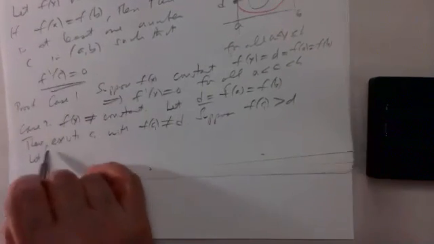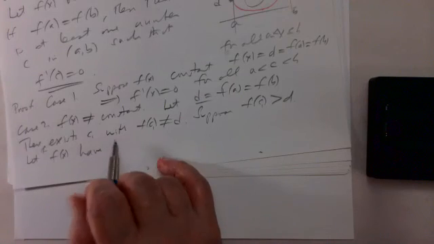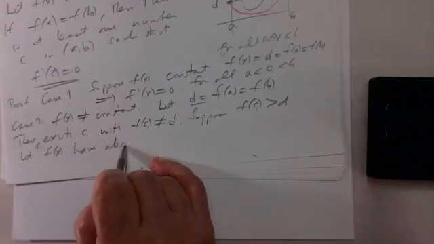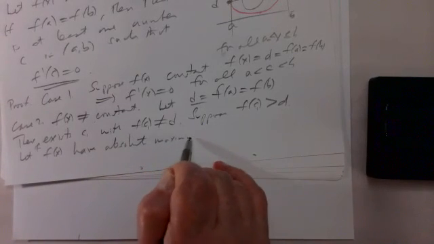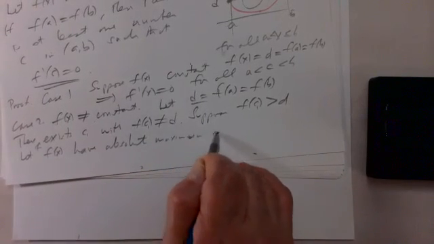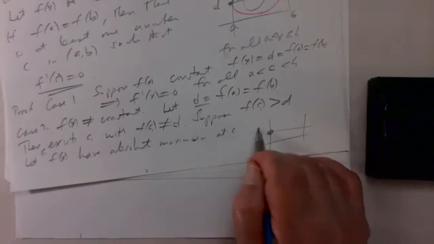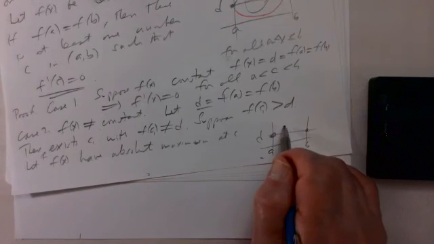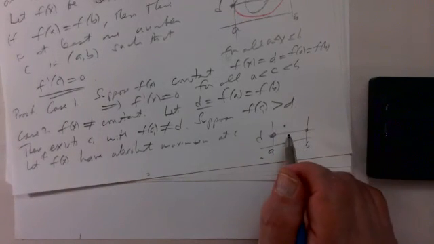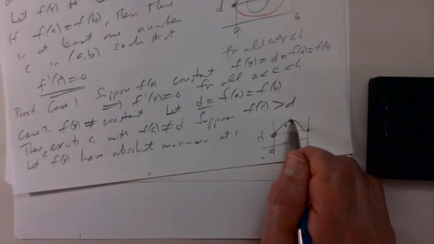So let f of x have a maximum at the point C. What we know about our function is it's equal to this number d at A and at B, and at some point it's bigger than d, which means the absolute maximum is bigger than d.